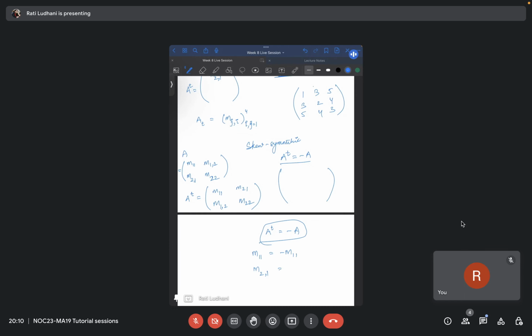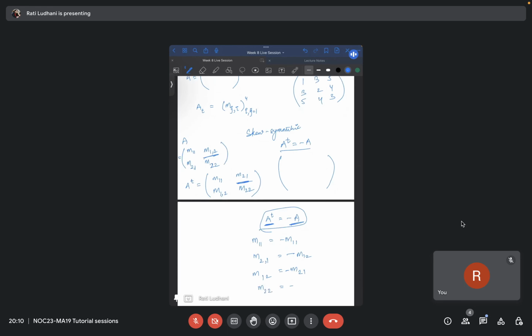I'm writing this entry of A transpose, and this should be minus of this entry of A. Again it is the same thing, M21 should be equal to minus M12, and M22 is equal to minus M22.